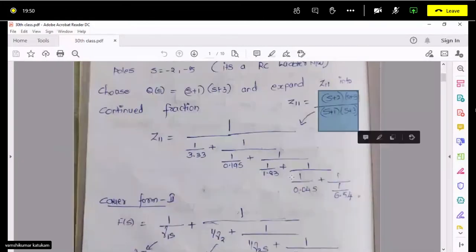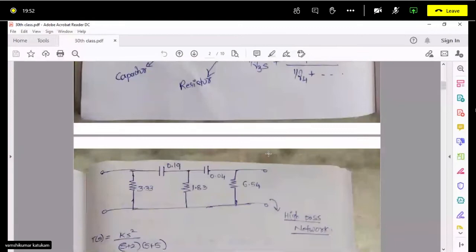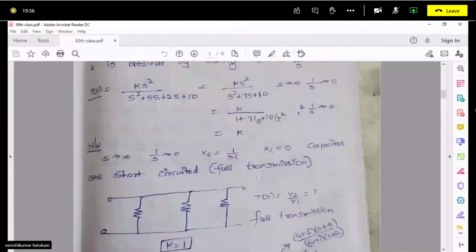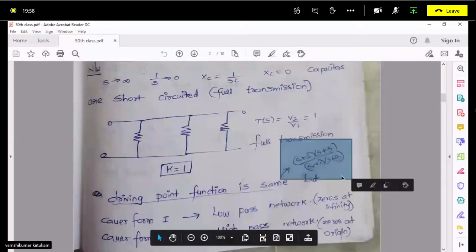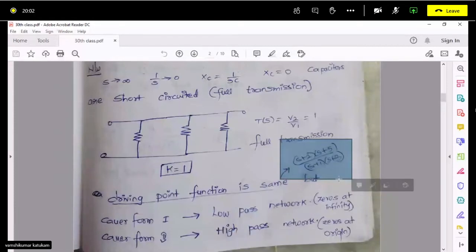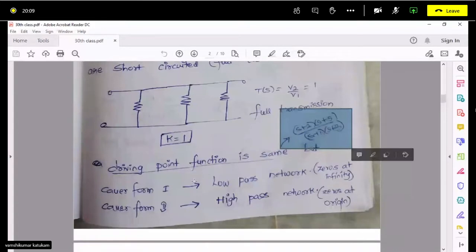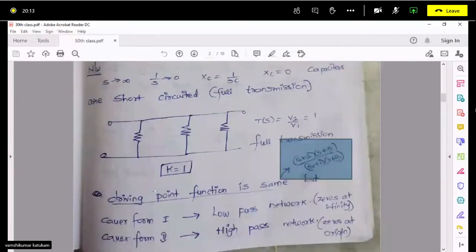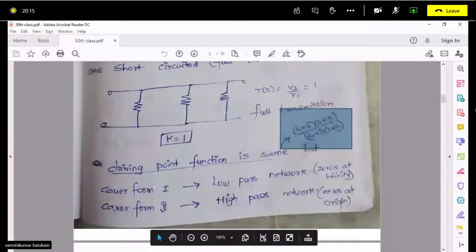But if you see, the driving point function is the same. In the last class it was 1 by Q of s, and in this class it is s square upon Q of s. The driving point function is the same, but if it is low pass, if the numerator is 1, we are expanding by KF form 1, that is zeros at infinity.